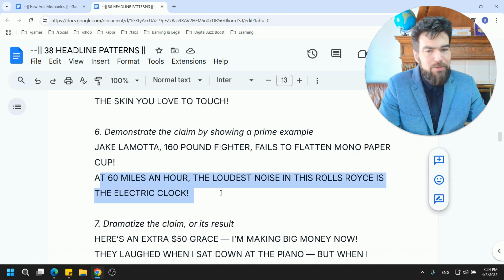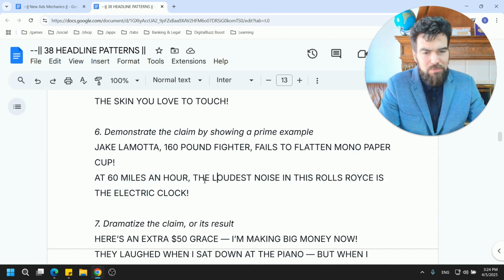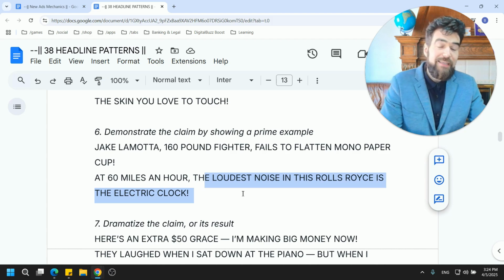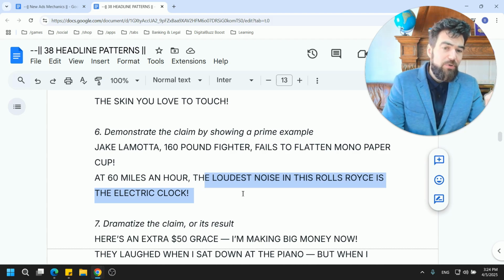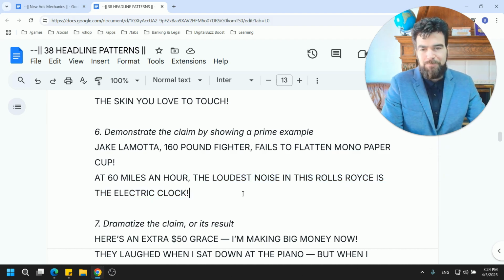So this is a headline by David Ogilvy. At 60 miles an hour, the loudest noise in this Rolls Royce is the electric clock. This is a headline by David Ogilvy, very, very famous headline.